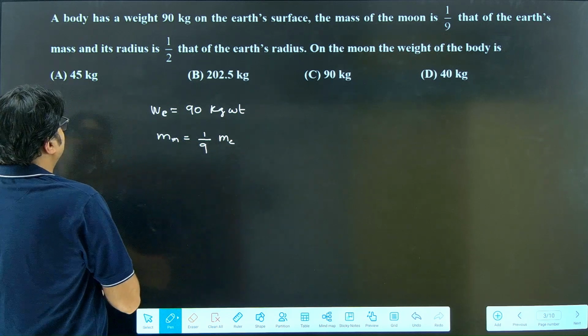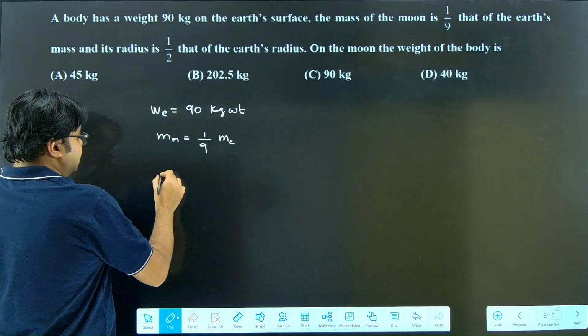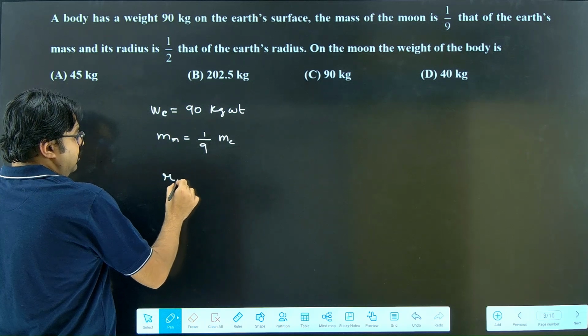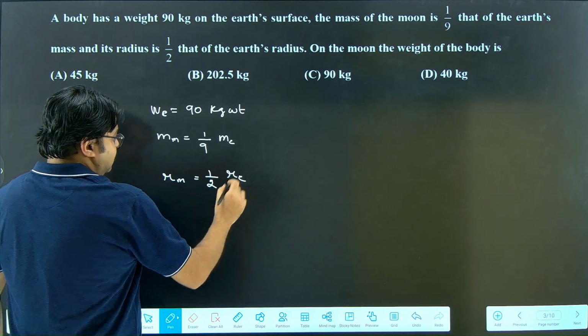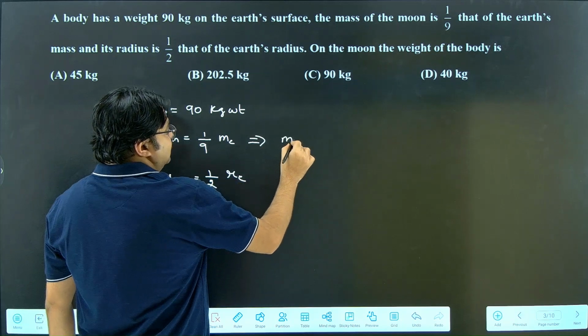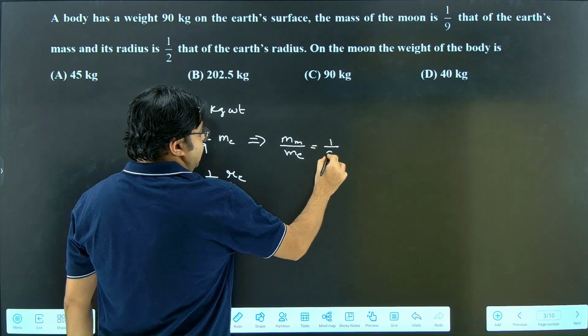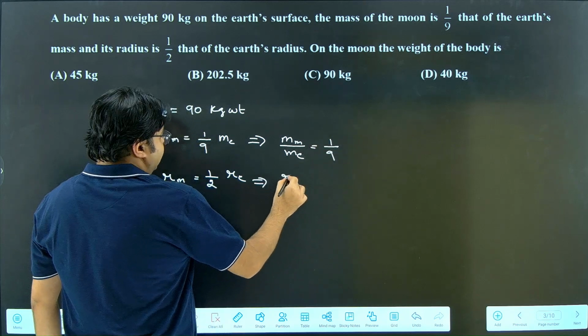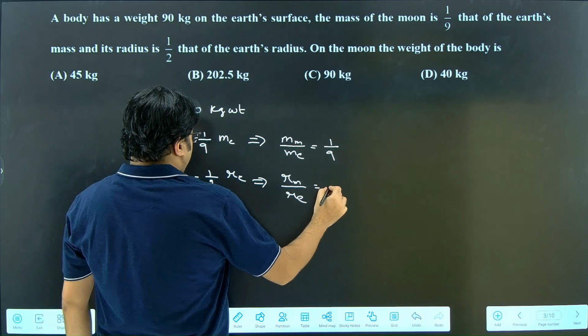Its radius is 1/2 of that of the earth's radius. The radius of the moon is 1/2 of the radius of the earth. This can be implied as mass of the moon divided by mass of the earth is 1 by 9, and radius of the moon divided by radius of the earth is 1 by 2.